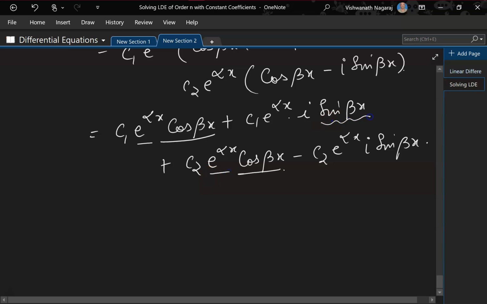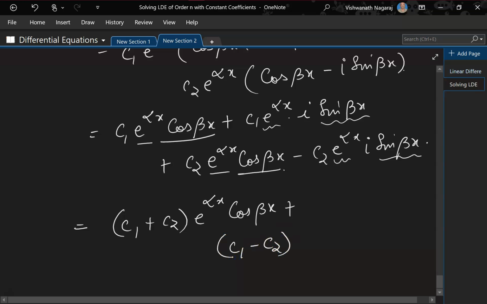Similarly here sin beta x is common. So now let's group them based on that. So (C1 plus C2) e to the power of alpha x cos beta x, plus (C1 minus C2) i e to the power of alpha x sin beta x.